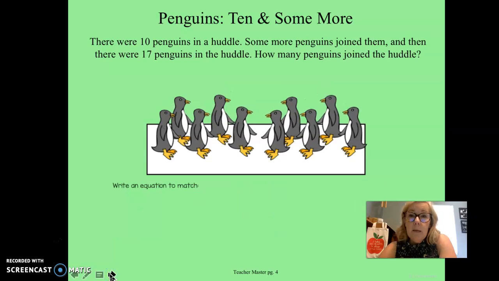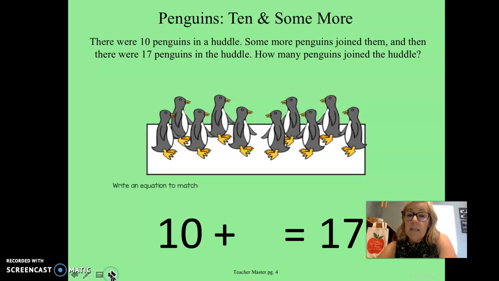There were 10 penguins in a huddle. Some more penguins joined them, and then there were 17 penguins in the huddle. How many penguins joined the huddle? We started with 10, and we had to add some more to get 17. 10 plus our unknown equals 17.